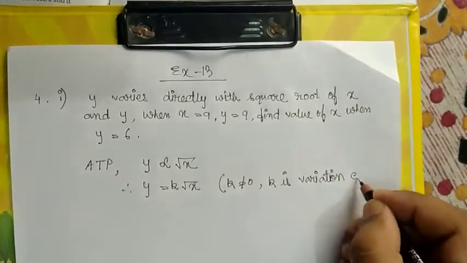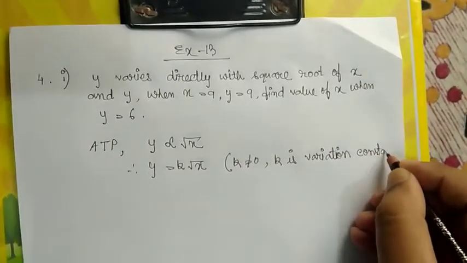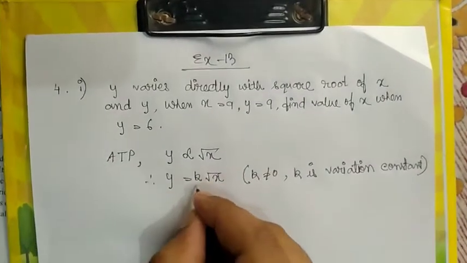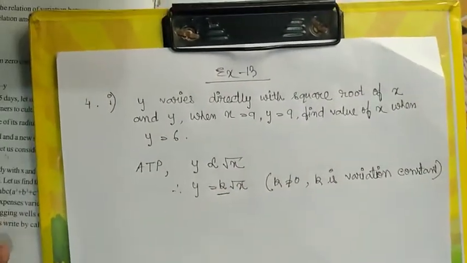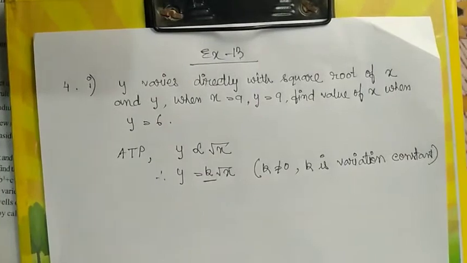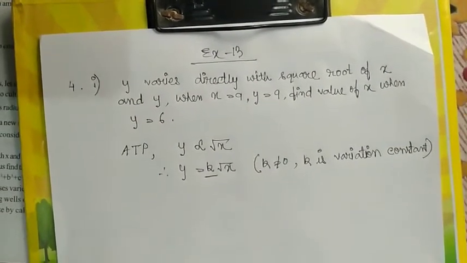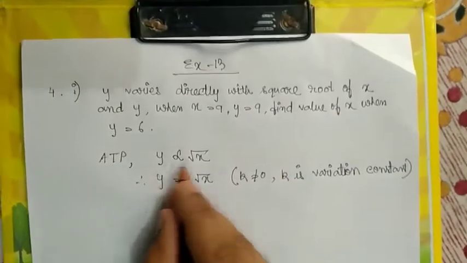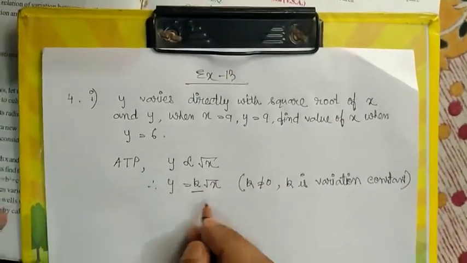Now first of all we have to find the value of k. So in the question it is given that when x equal to 9 and y equal to 9, this whole relationship holds.